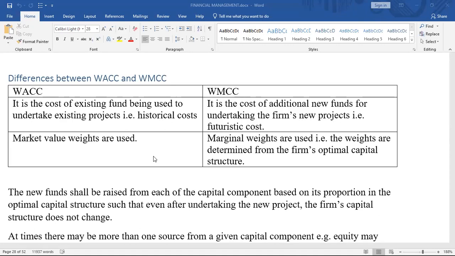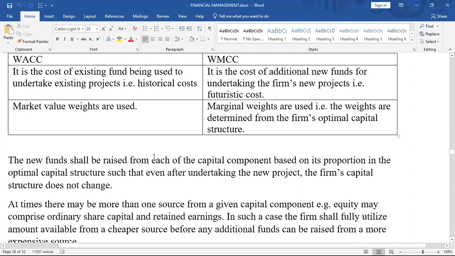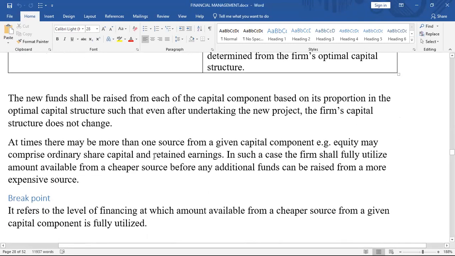So let us proceed. Under the WMCC, the new funds shall be raised from each of the capital components based on its proportion in the optimal capital structure, so that even after undertaking the new project, the firm's capital structure does not change. At times there may be more than one source of finance from a given capital component.